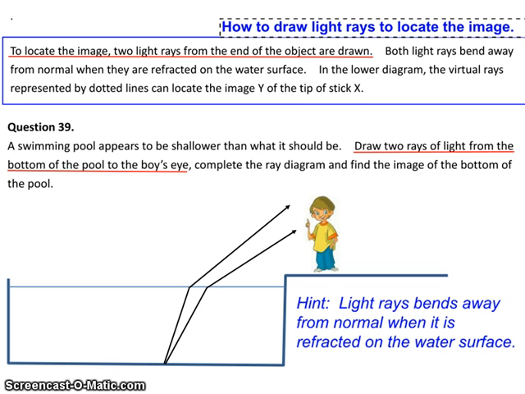And then draw virtual rays. The intersection of the virtual rays tells you the position of the image. So the image of the whole bottom of the pool would be at this level, and so the pool would seem to be shallower.